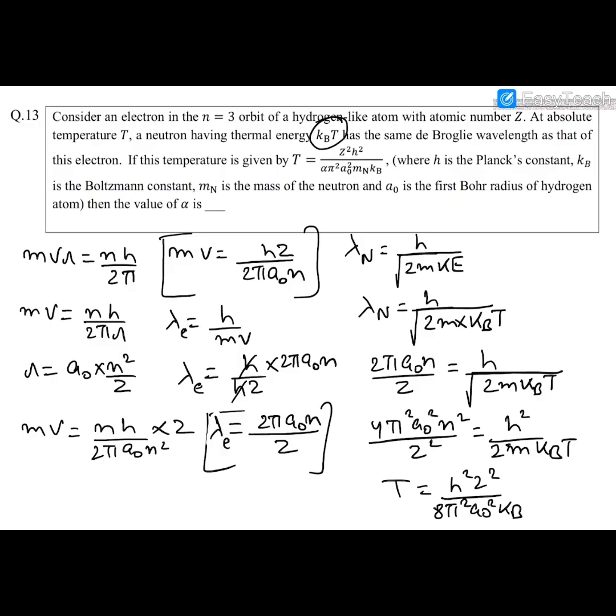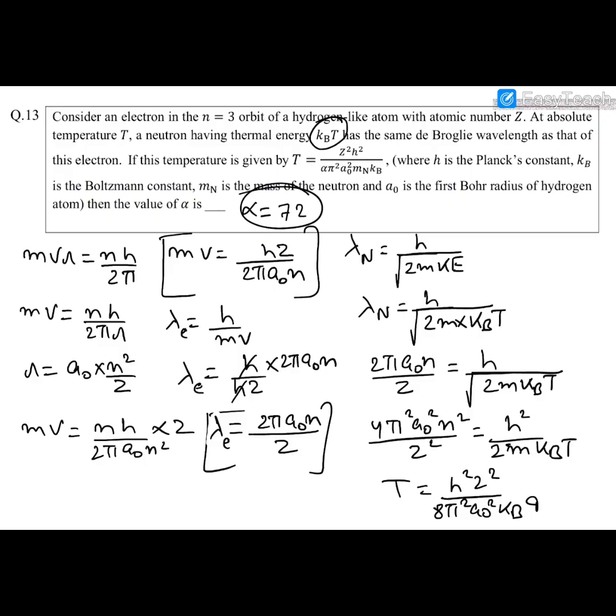Now obviously n square is 9 because n is 3, so alpha will be equal to 8 into 9, which is 72. So the correct answer of this question would be 72.